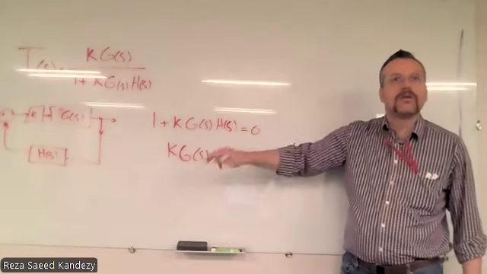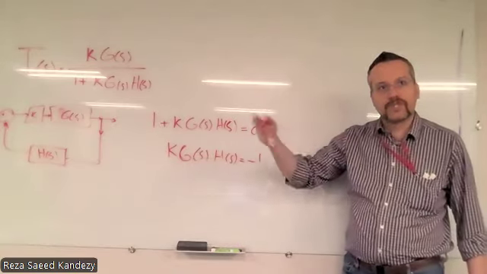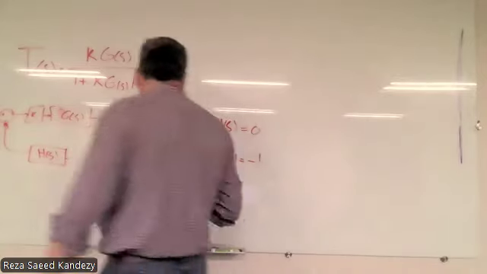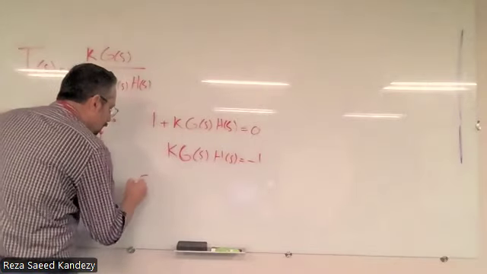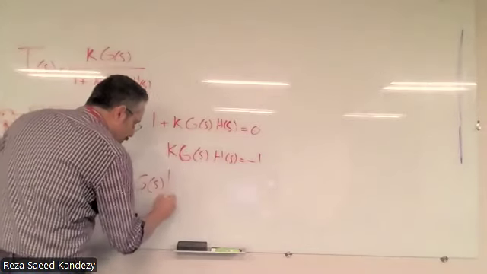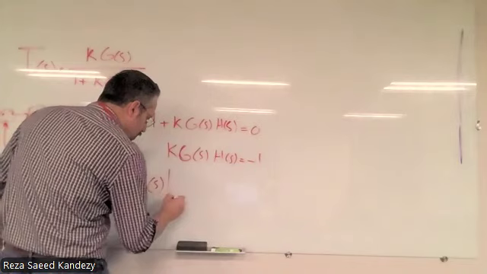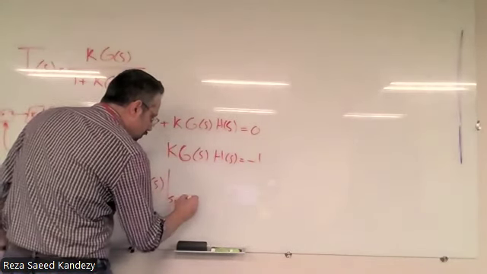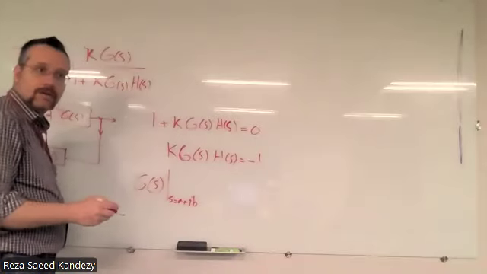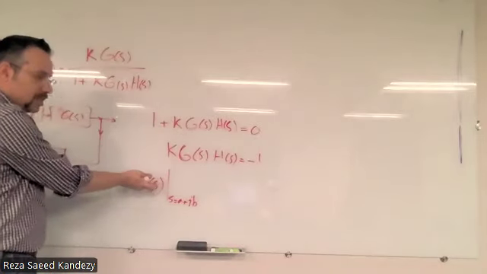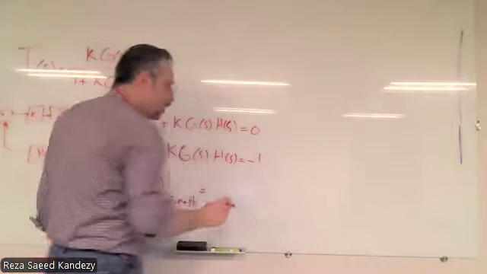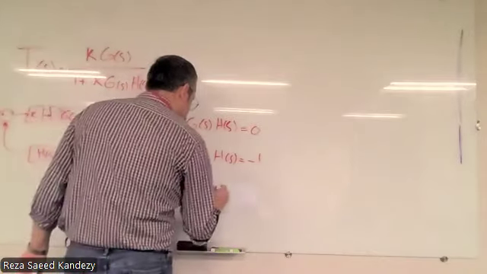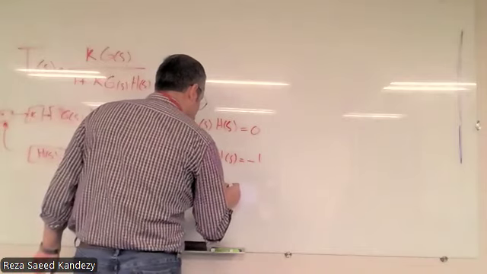We put any arbitrary or chosen S inside the G of S. For example, let's go over that. The G of S, when S is like A plus JB, when you put the S inside the G, is going to be another complex number, which is like, for example, C plus JD.